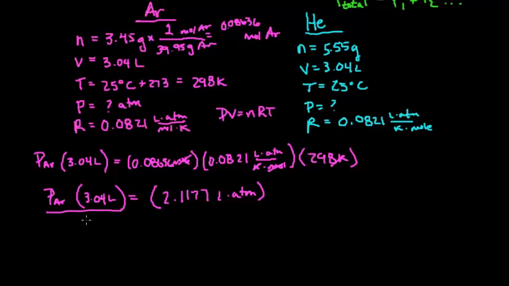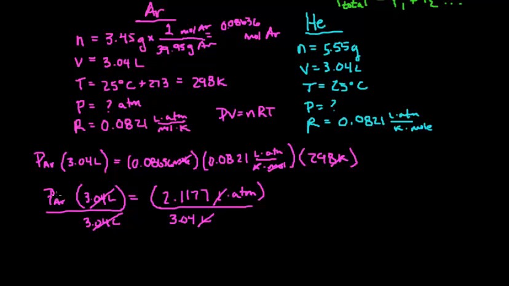To get rid of this 3.04, any number divided by itself can cancel out. Whatever I do to this side of the equation, I'm going to do to the other side of the equal sign. So divided by 3.04 liters. Liters will cancel out, and so my units will be ATM, which makes sense. That's what I should have for pressure.